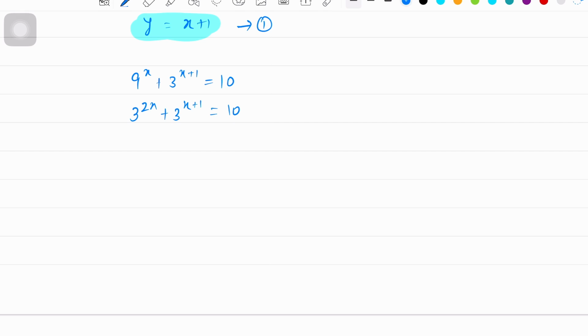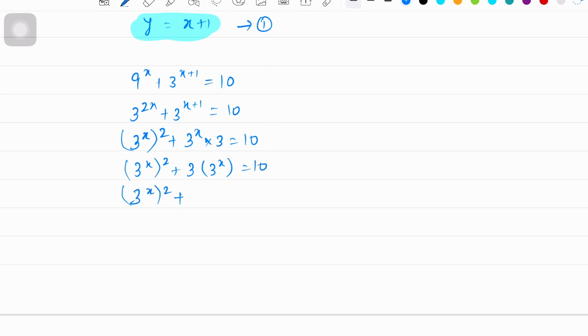Now this is 3 raised to x whole raised to 2 plus 3 raised to x times 3 equals 10, or 3 raised to x the whole squared plus 3 times 3 raised to x equals 10, or 3 raised to x the whole squared plus 3 times 3 raised to x minus 10 equals 0.